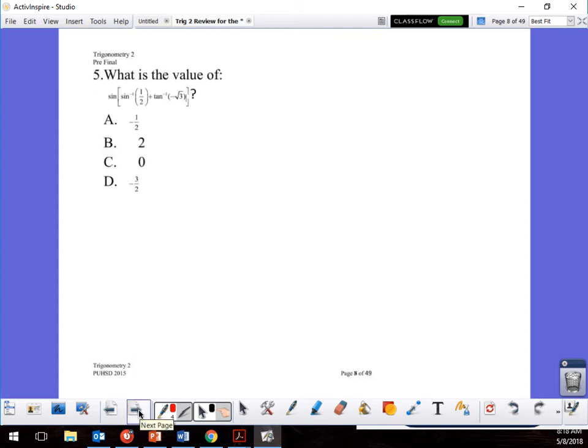What is the value of sine of the quantity arcsine plus arctan, all that, right? What would I do? Plug it in. Plug it in the calculator again. Almost like there is a common theme to all this.